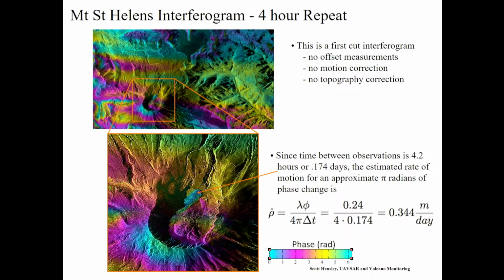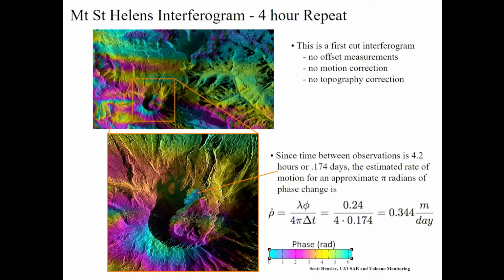Now this is another study which was carried out by Dr. Scott Henley. In this study they used UAVSAR-based SAR interferometry to find out the total displacement of the lava flow. The interval between two interferometric acquisitions was 4.2 hours, approximately equal to 0.174 days.